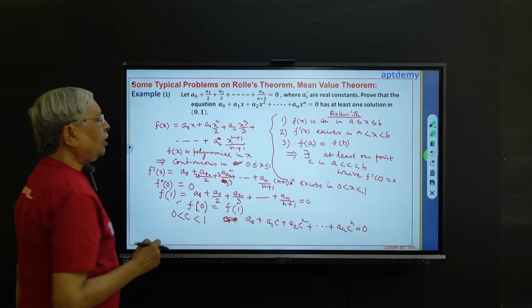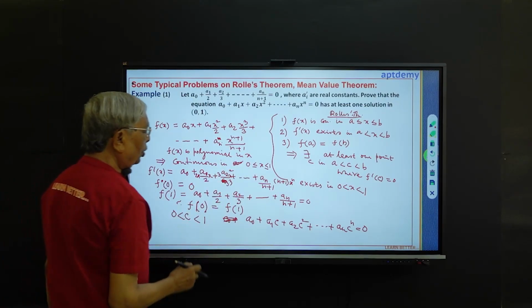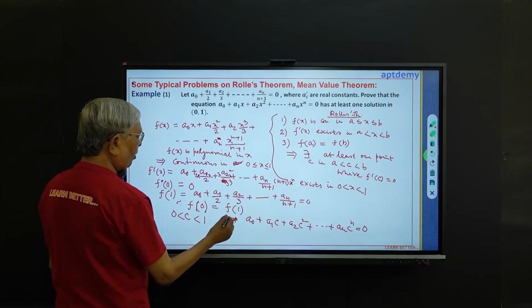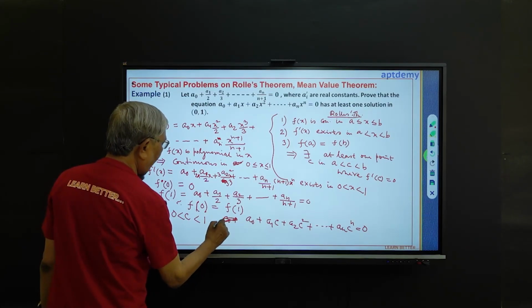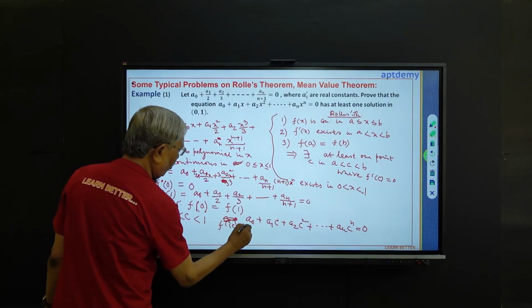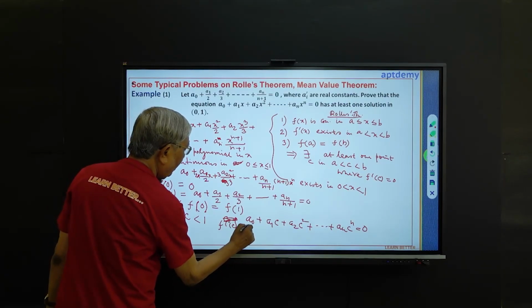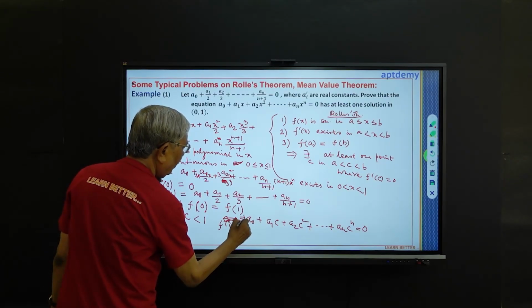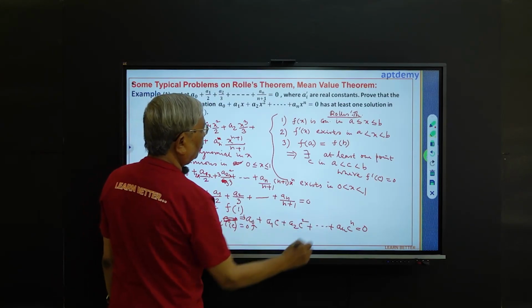There must exist a value c where f dash c equals 0, so there must exist a point where f dash c equals 0. This will imply this is equal to 0.